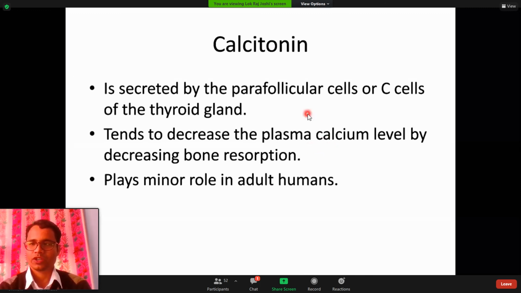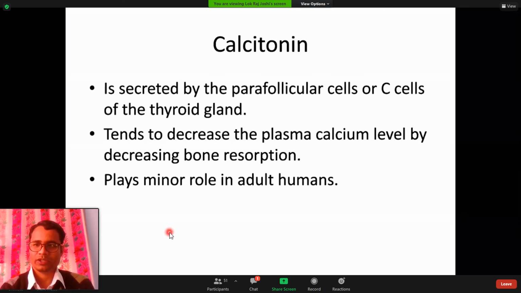It is not very important in adult humans, but in children, when bones are still growing, it has a significant role. But in adult humans, its role is not so important. But in case of some abnormalities, pathological conditions, it might have significant effects. But in some animals, it has an important role.